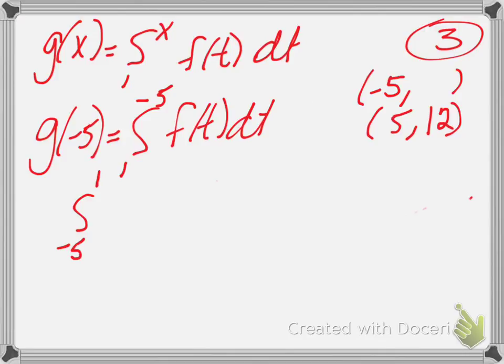When we do that, we have to add a negative sign, and we have f of t dt. So here's our negative, and now we need to find the area going from -5 to 1. I'm just going to go to another screen, and then I'll keep going back and forth. So this is what our picture looks like.